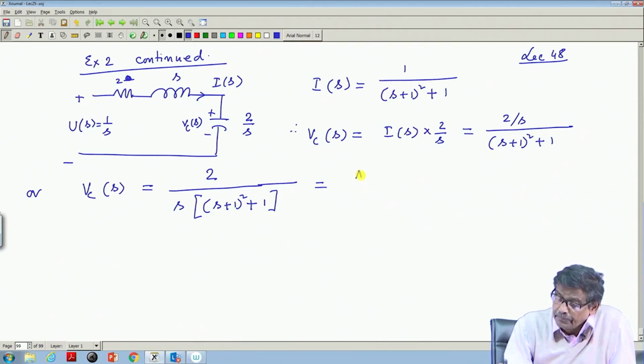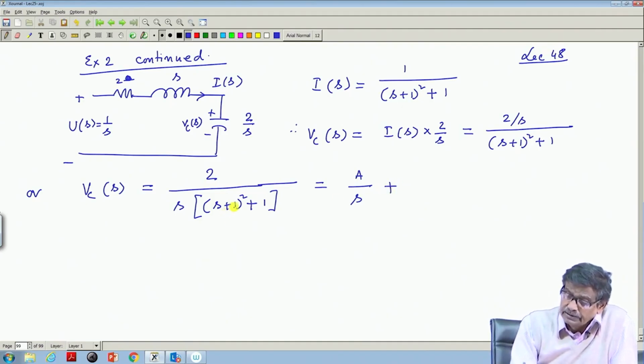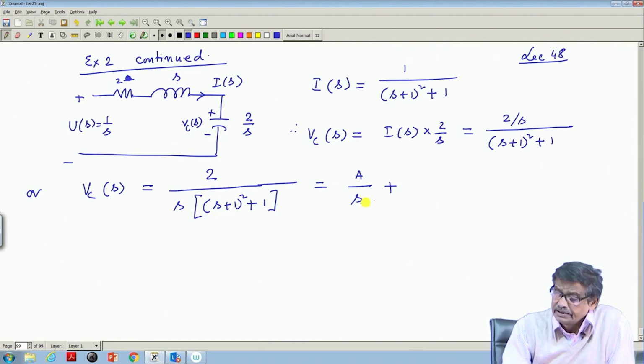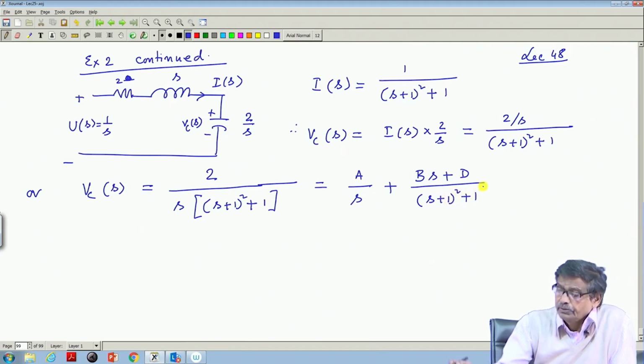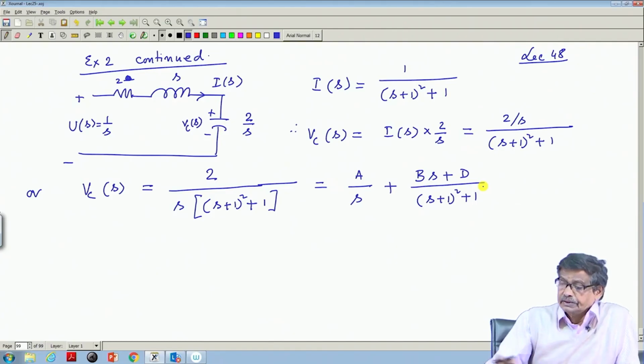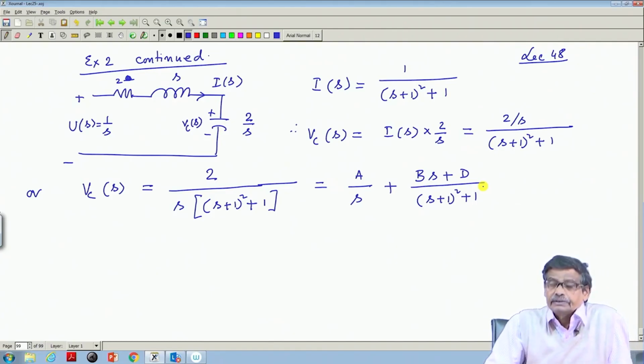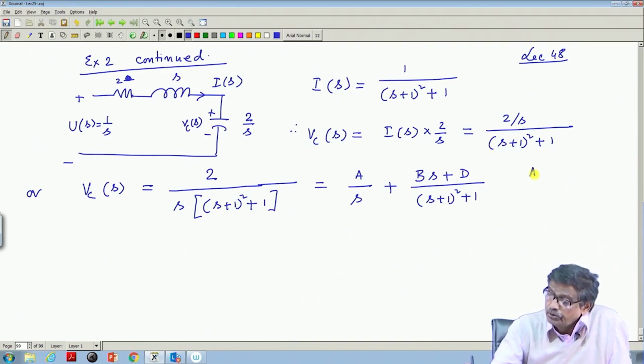This will be A by s, plus on the denominator the squared term is there, so the standard form will be (Bs plus D) divided by (s plus 1) whole square plus 1. This will be the description in partial fractions. A, B, D are to be determined.